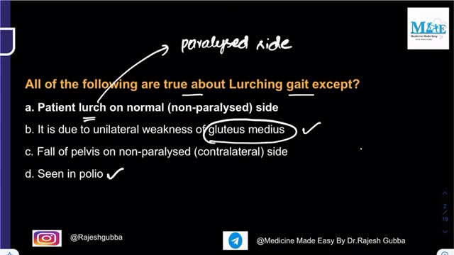And the fall of the pelvis will be there on the non-paralyzed side. So your B, C, D are correct, but A is incorrect. Where do you see this Lurching Gait? It is classically seen in patients with polio. So the answer here is the first option. Patient lurches on the normal side is an incorrect statement. The question asked is except. He will lurch onto the paralyzed side, not onto the normal side.